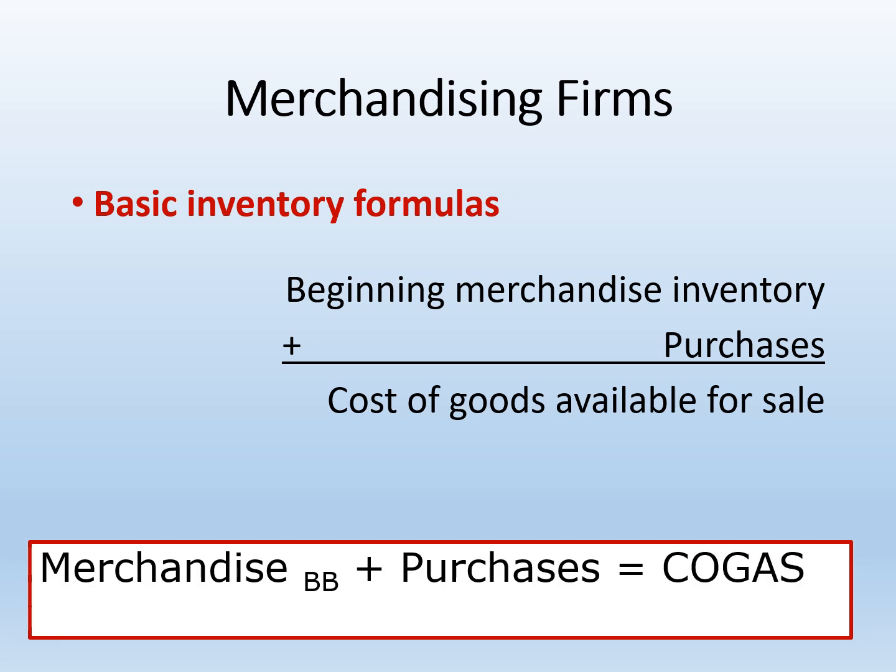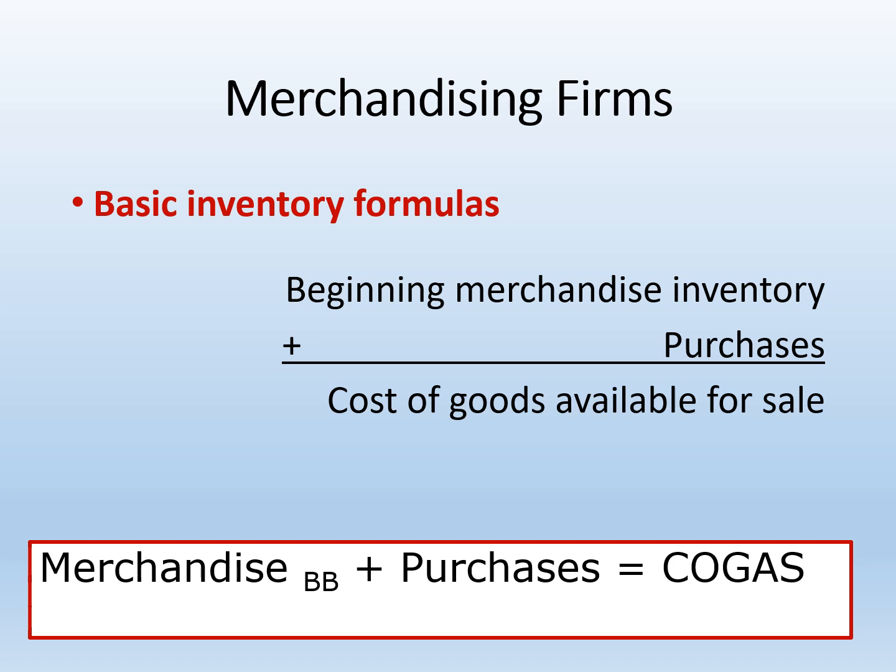We can write this formula in a more condensed way by saying that the merchandise beginning balance plus purchases equals cost of goods available for sale. That little BB stands for beginning balance. But this isn't just a formula, it's a story.